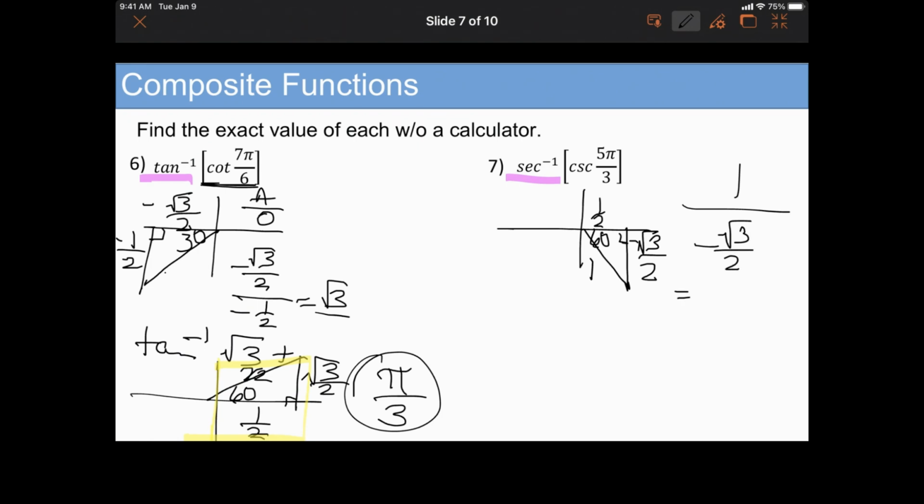That is going to simplify to 2 over root 3, and negative 2 root 3 over 3. Okay, now when we do this, that is the answer for this inside part. So now we're going to do inverse secant.